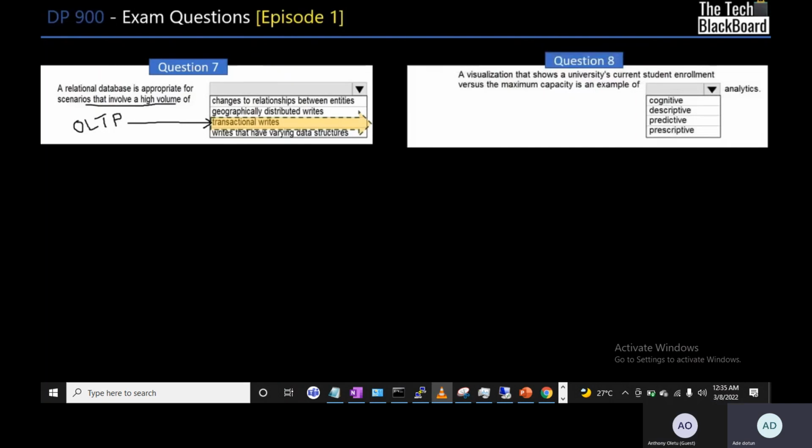Okay. So question 8. A visualization that shows the university's current student enrollment versus maximum capacity.